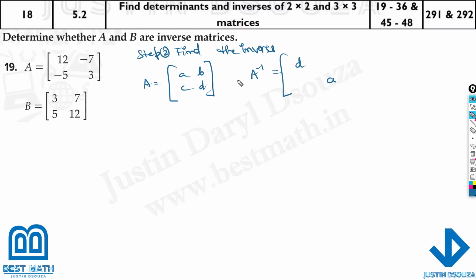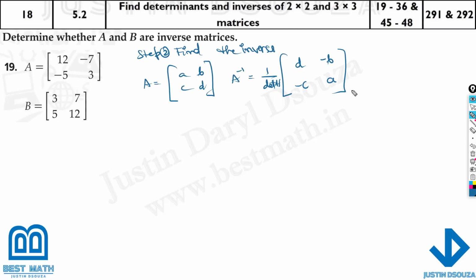D, A. Instead of A and D, they swap places. And what about the B? It just becomes negative, and the C as well negative. Okay, I forgot to write the determinant. It's all multiplied by 1 by determinant A, or divided by determinant A. So this is basically the inverse.